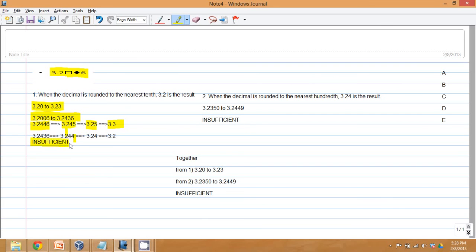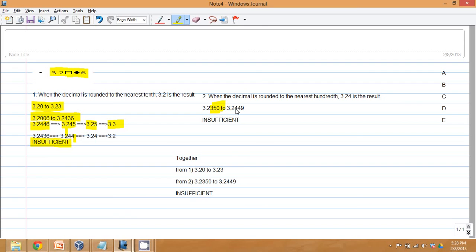Now let's look at statement 2. Statement 2 tells us that the decimal, when rounded to the nearest hundredth, gives us 3.24 as the result. Now let's try to find out what decimals could be rounded off to the nearest hundredth to give you 3.24. It would have to be something from 3.235. If we had to round anything 5 or above, we would round it up to the next digit, so it would become 3.24 from 3.235 to 3.2449.